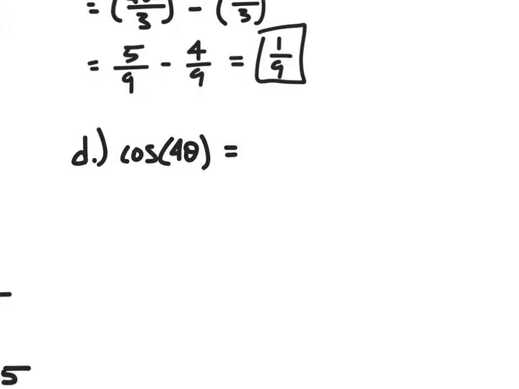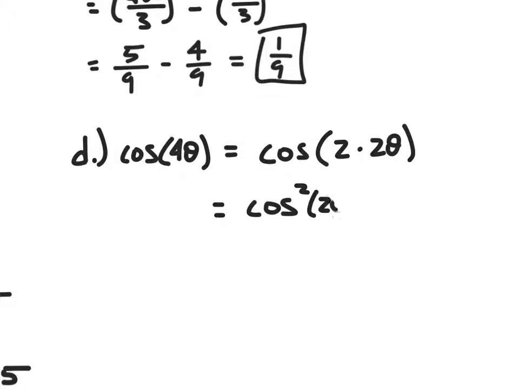So what I'm doing here is I'm going to rewrite this as cosine of 2 times 2 theta. It's kind of like a U substitution type of thing, but what I'm going to do is now I have this as cosine squared of 2 theta minus sine squared of 2 theta.